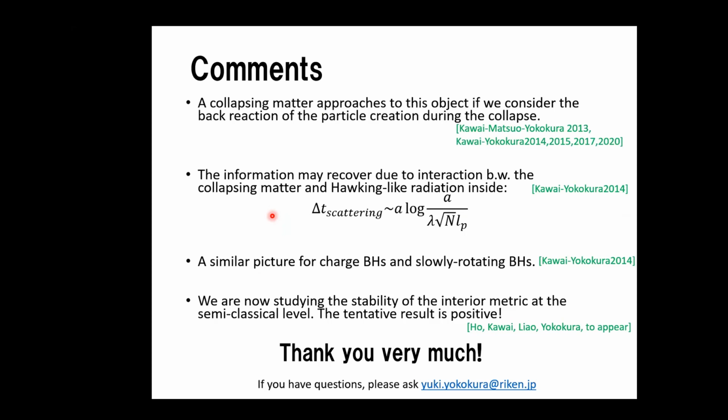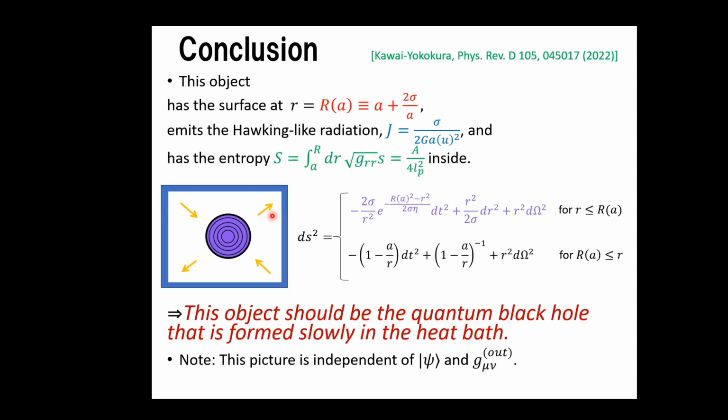Thanks for the talk. I'm slightly confused by this assumption that the black hole is related to this regime where R is of the order 1 over the Planck length squared, and the exterior is very lightly curved, and then you say this black hole is formed slowly in the heat bath.